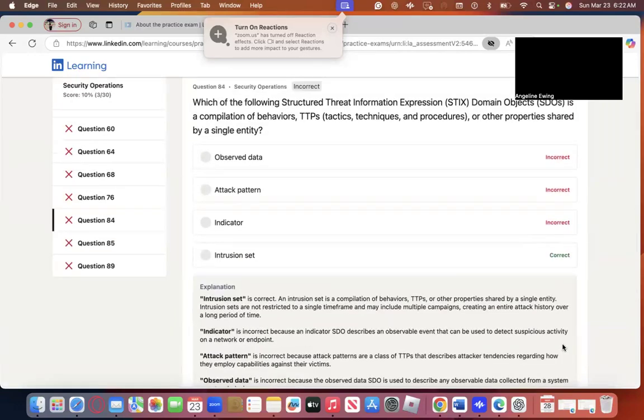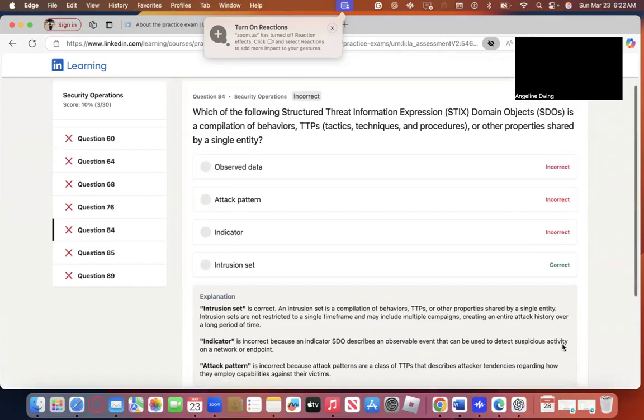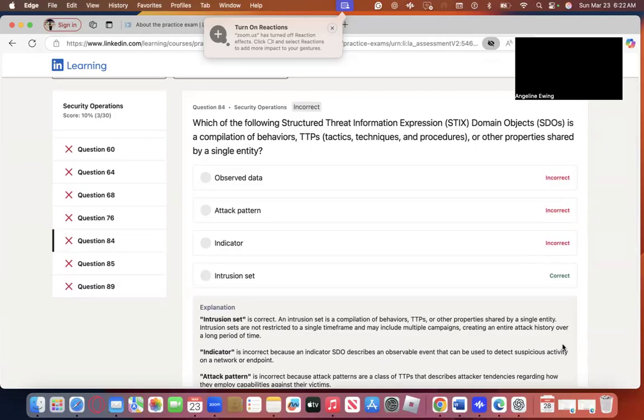Which of the following Structured Threat Information Expression, STIX, domain objects, SDOs, is a compilation of behavior, TTPs (tactics, techniques, and procedures), or other properties shared by a single entity? That will be intrusion set.